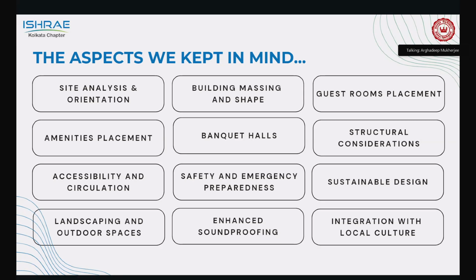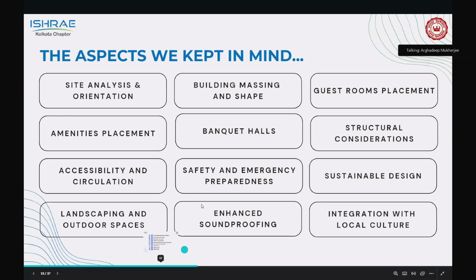So you also have to think about this: if there is a fire breakout, a person must not be required to move more than a certain distance, let's say 10 meters or 15 meters, before he can encounter an exit door or a stairwell which leads him down into the bay area of the hotel, so that his evacuation is quick and easy, and there is the least amount of fatalities.